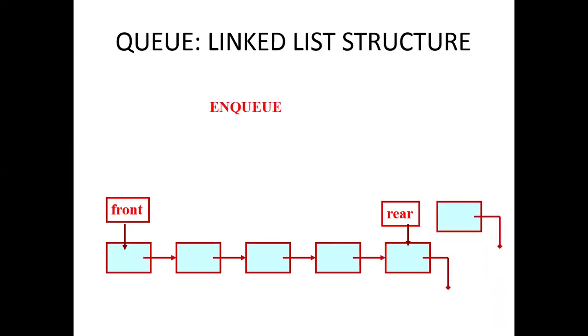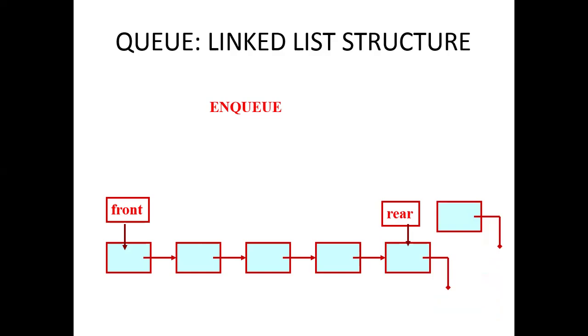Suppose in an NQ operation I'm going to add an element into the queue. Already I have 1, 2, 3, 4, 5 elements in the queue. I'm going to add the sixth element, which will be added at the end.